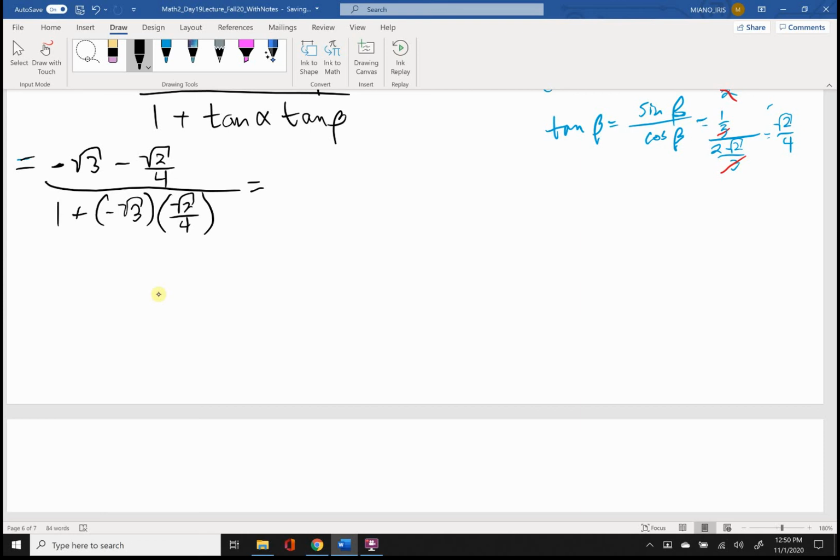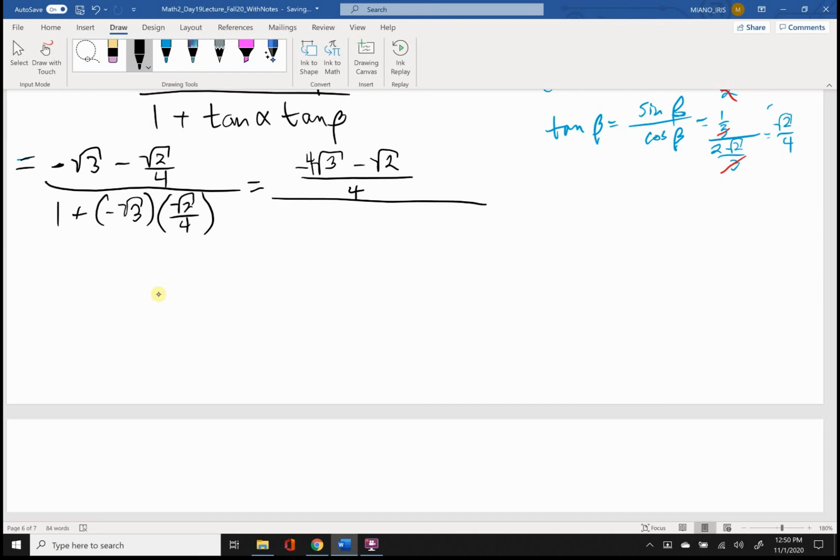So for the supernumerator, we should get negative root 3, 4 of them rather, and then we'll subtract off a root 2, and that'll all be over a 4. This makes a common denominator for the first term by multiplying by 4 over 4. Okay, so that's the supernumerator.